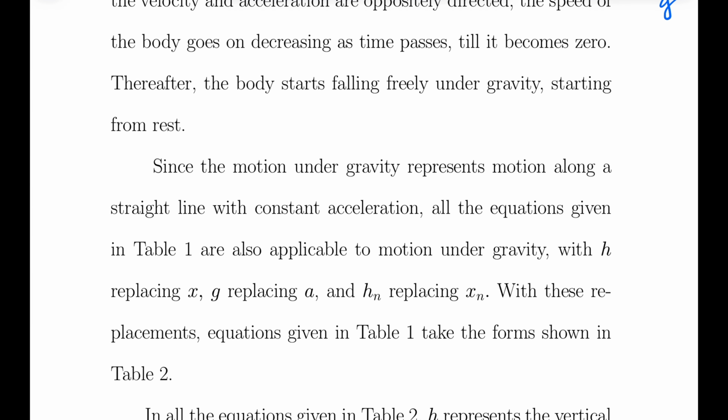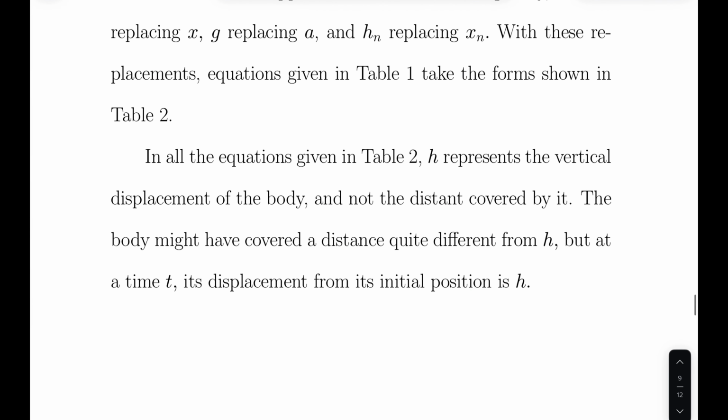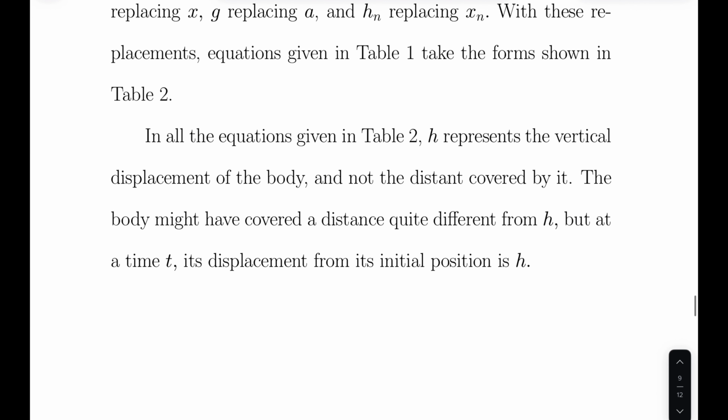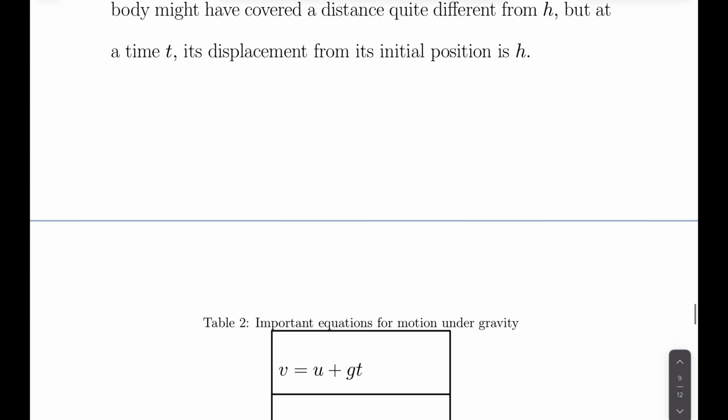With these replacements, equations in table 1 take the forms shown in table 2. In all the equations given in table 2, h represents the vertical displacement of the body and not the distance covered by it. The body might have covered a distance quite different from h, but at a time t, its displacement from its initial position is h.